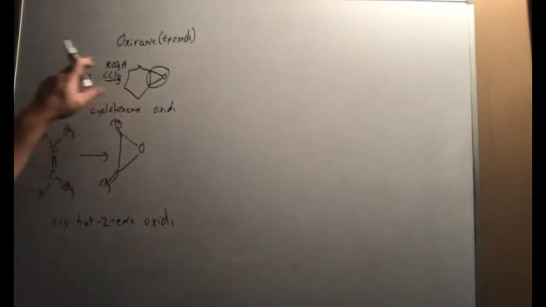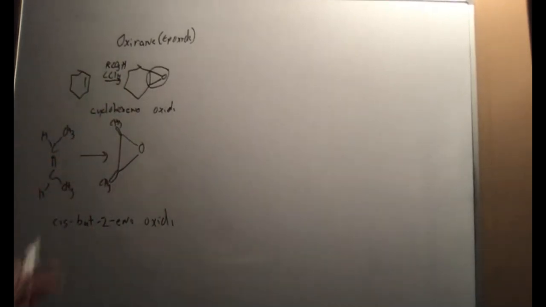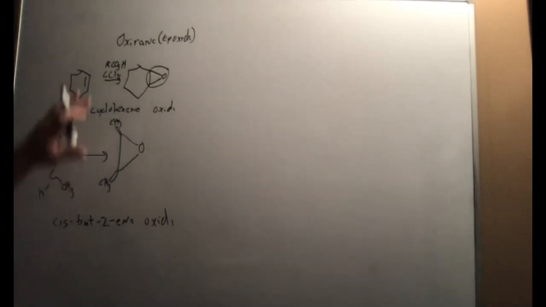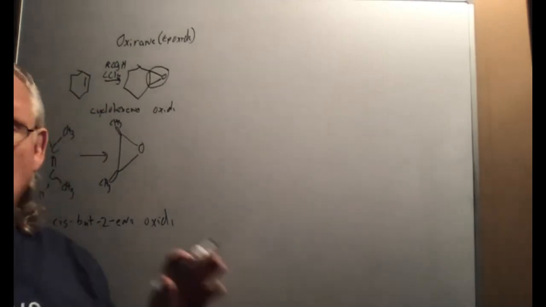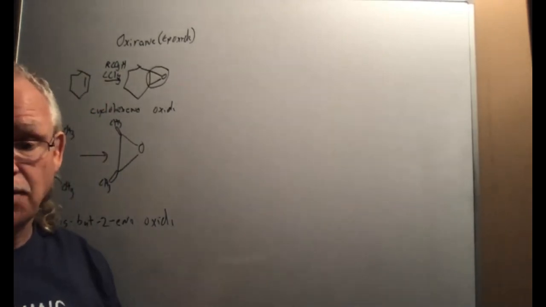Okay, I think in the notes I left out the 2 part in there, but you do need the number 2 in your answer. You don't need a number in the ring because it's understood to be there. So this is the method that you use for the 3-membered rings.